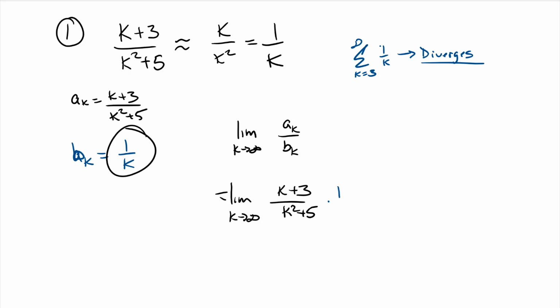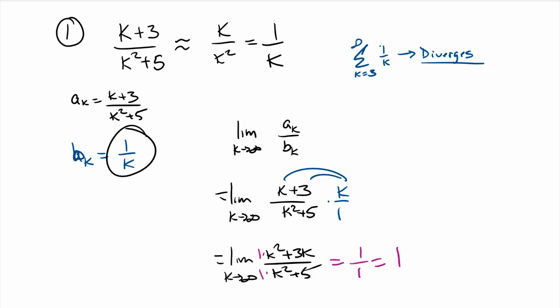Dividing by 1 over k is the same thing as multiplying by k. Let's bring that in. Let's see what we get. The limit as k goes to infinity of k squared plus 3k over k squared plus 5. All we care about is the leading coefficients, so this is 1 over 1, which is equal to 1. And 1 is most certainly greater than 0.